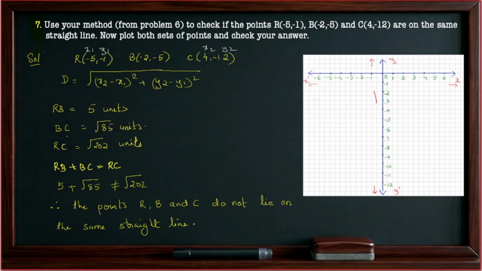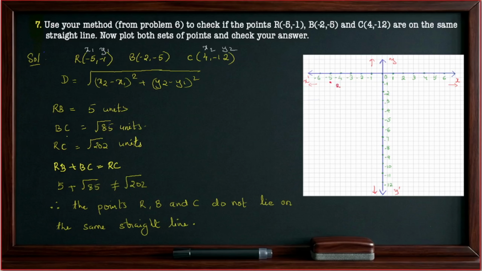The line below the x-axis, I've written till -12. Now let us see the coordinates. The first one is R, which is (-5, -1). On the x-axis we have -5, and on the y-axis -1. So this is our point, and I'm going to mark the point over here.